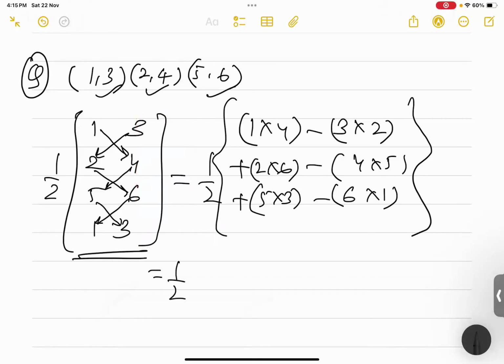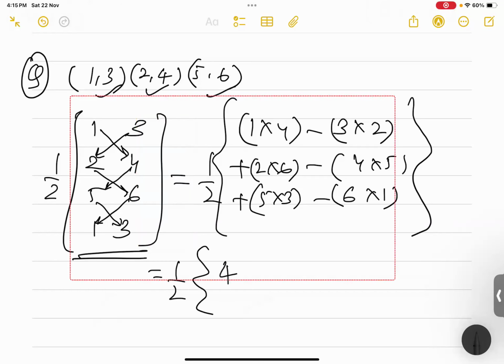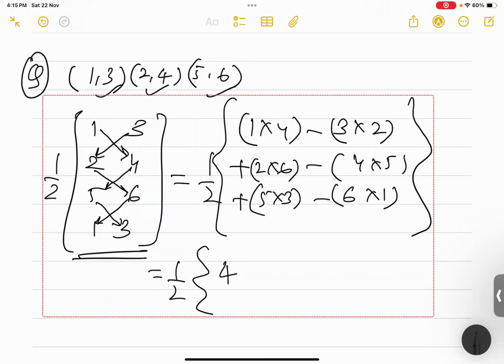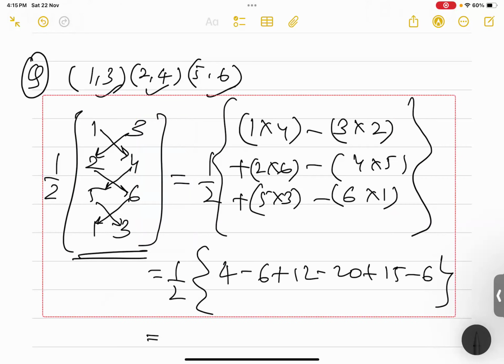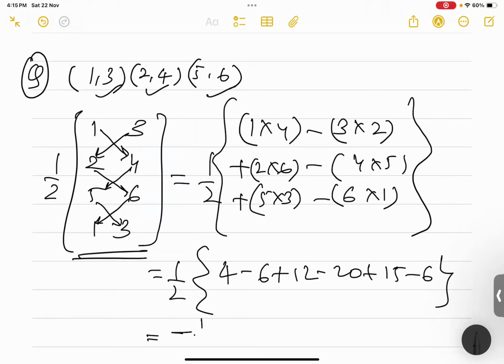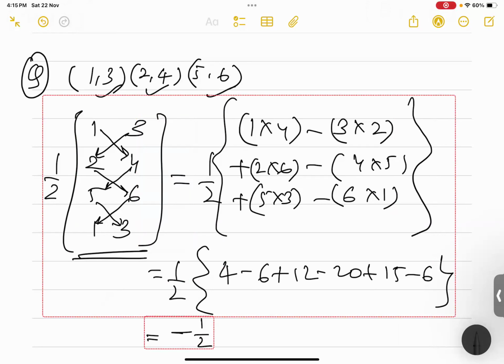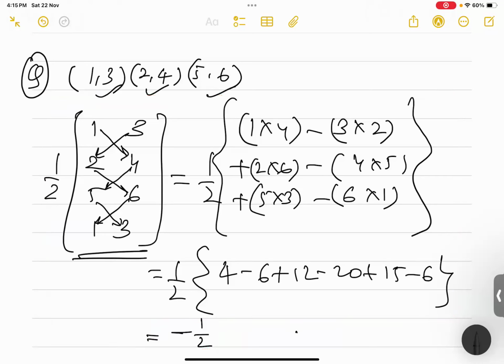So this will be half into 4 minus 6 plus 12 minus 20 plus 15 minus 6. So the answer will be minus half. If you solve this, the answer will be minus half. Okay. But an area cannot be negative. So the area of this particular triangle will be positive half square units. Ignore the minus sign.